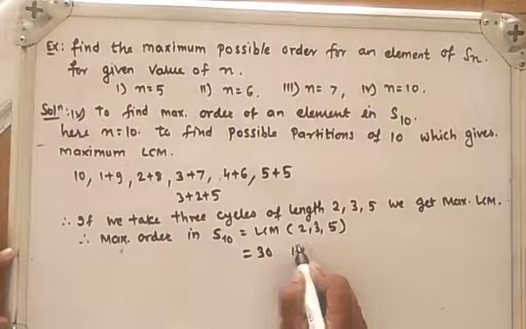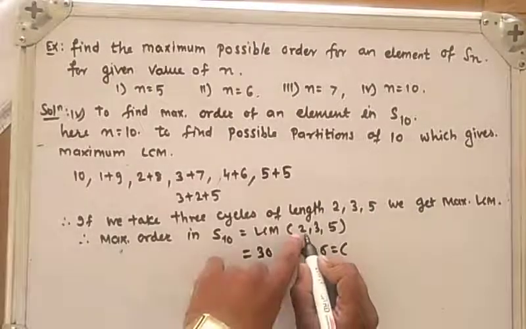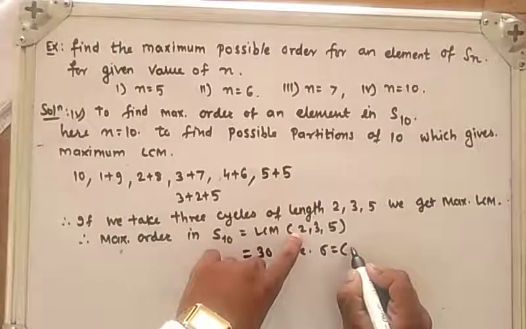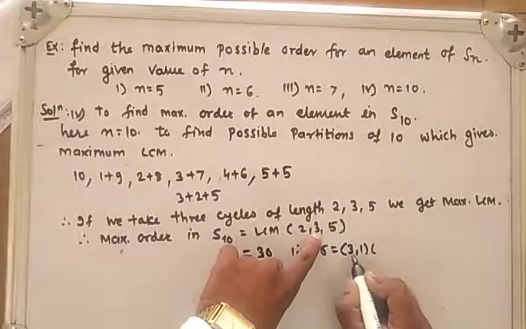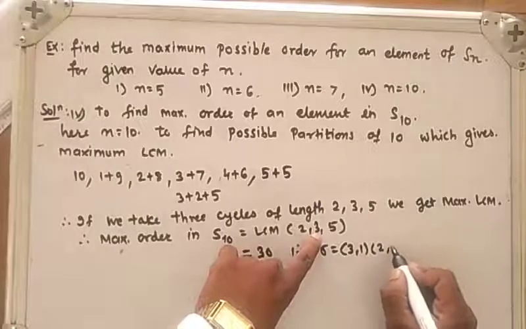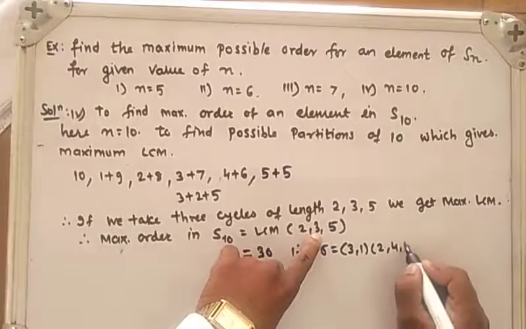That is, I will take the element sigma like this. The first cycle has two elements, so I will write, suppose, 1 3. The second cycle has 3 elements, so here 2 goes to 4 goes to 5.